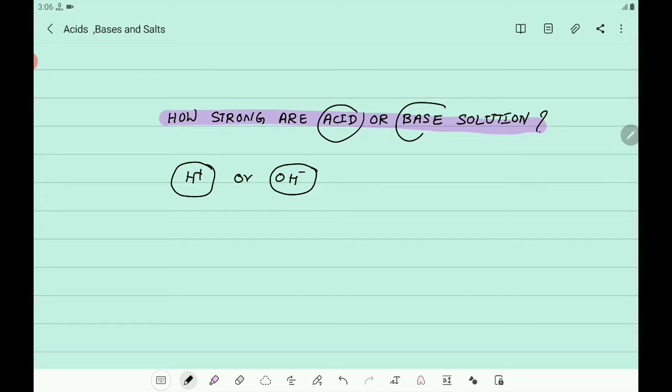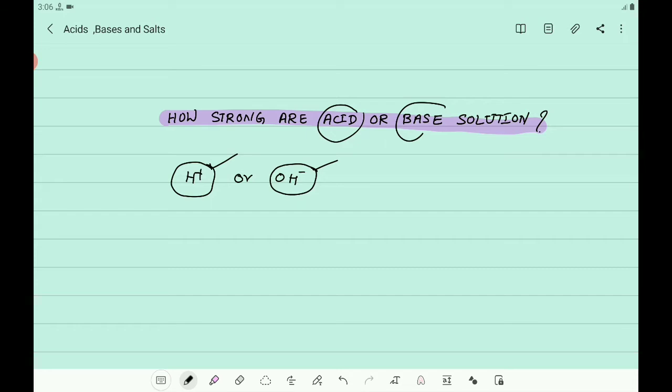Also, you learned in the previous section about dilution and the decrease in concentration of H plus ions and OH minus ions in solutions. Now, can we quantitatively find the amount of these ions present in a solution?